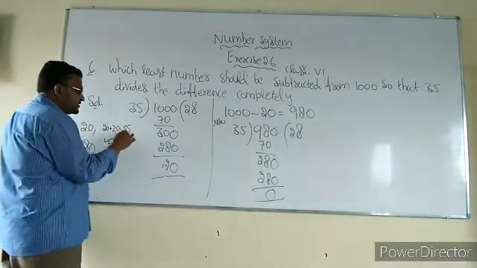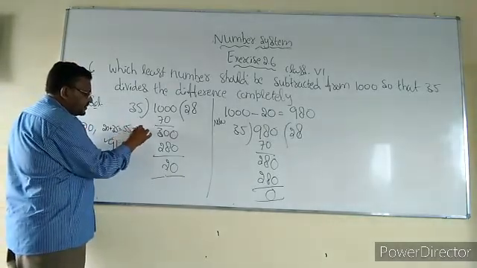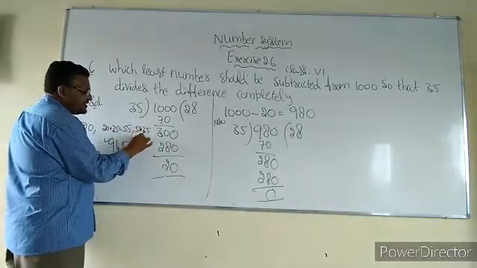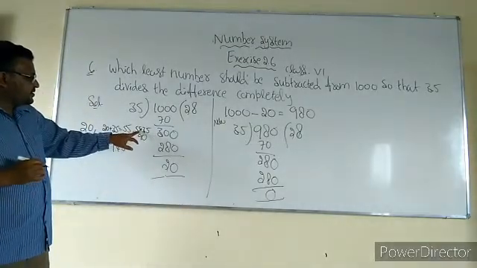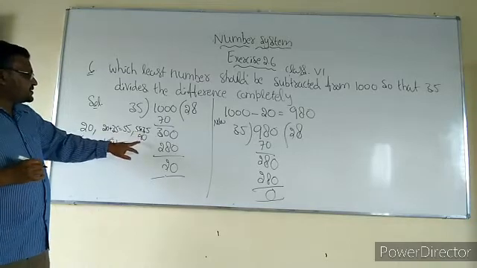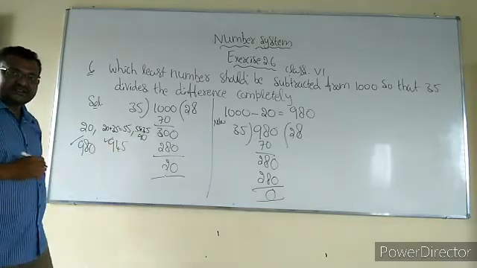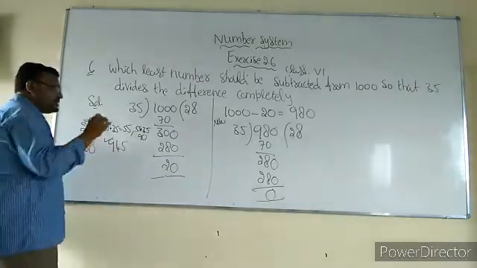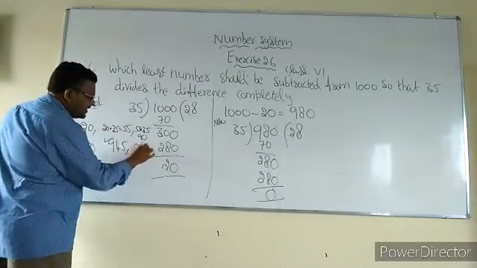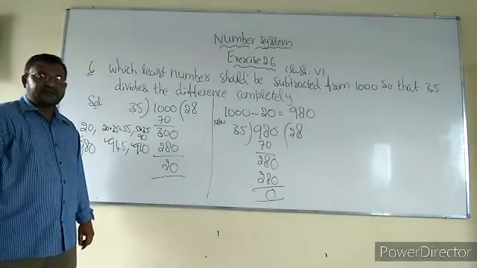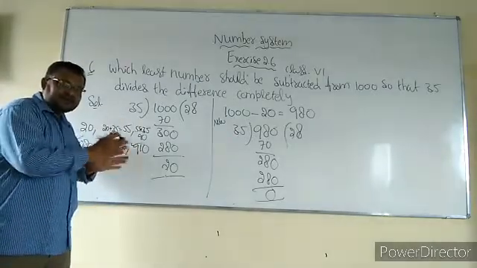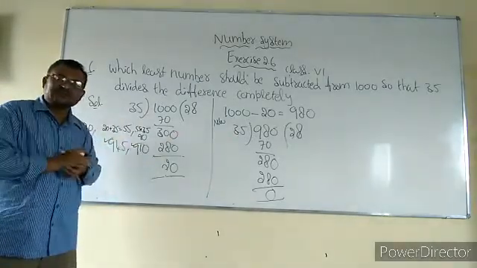If we add 35 more to 55, that means 90. If we subtract 90 from 1000, it will become 910. 910 is also divisible by 35. Like that, if we subtract some more numbers, they are also divisible by 35.